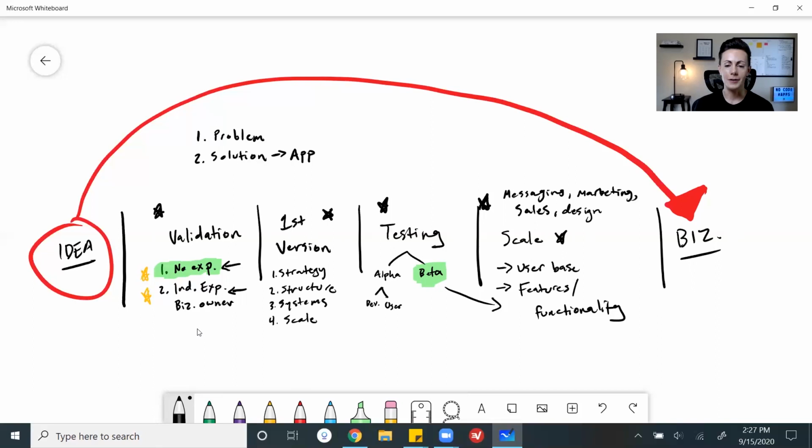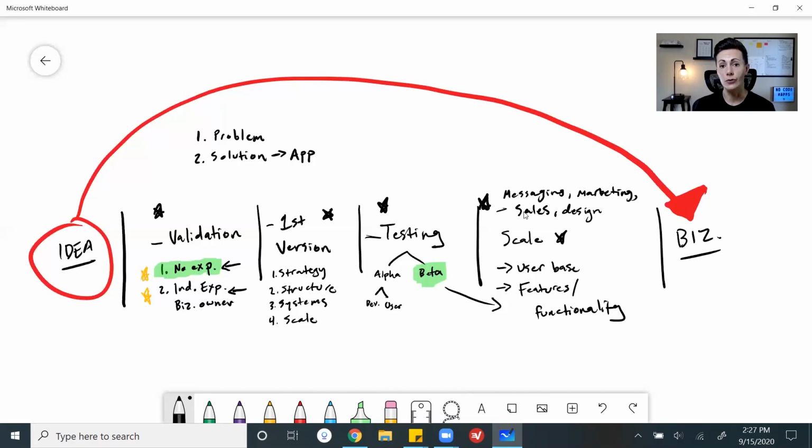I mean, maybe there is some unicorn situation in which it might, but realistically, it's just not going to work because you don't have each of these things. You don't have the validation. You don't have that first version that you've actually tested and gotten feedback on. You haven't used feedback to hone in on your messaging, marketing, sales, design, your user base, your features, functionality, your target market. You don't have any of that knowledge or any of that feedback or data. It's really, really hard to do it.